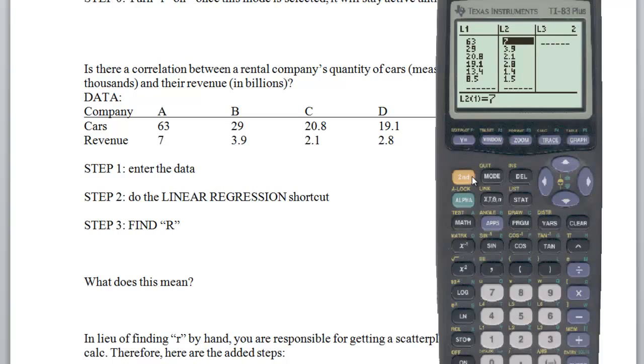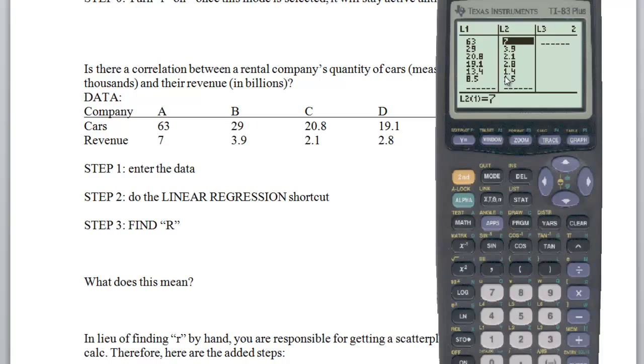I did this so you wouldn't have to just watch me type in the data. I'm not going to move this down just yet. I'm going to talk through the linear regression shortcut, and then I'm going to write down the steps afterwards.